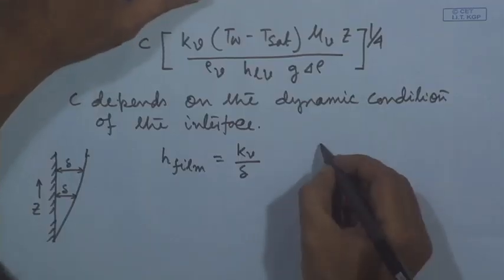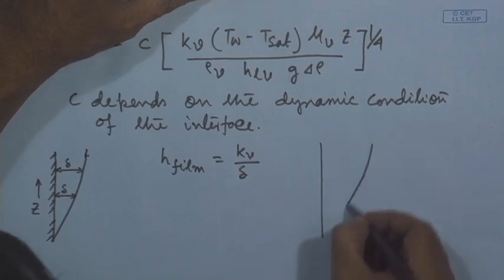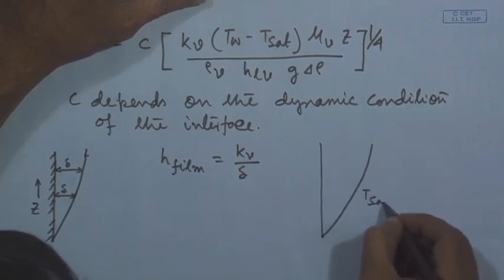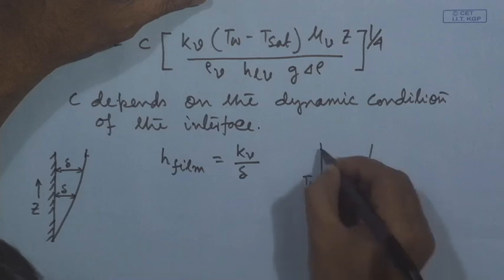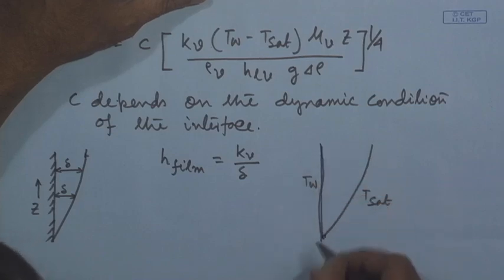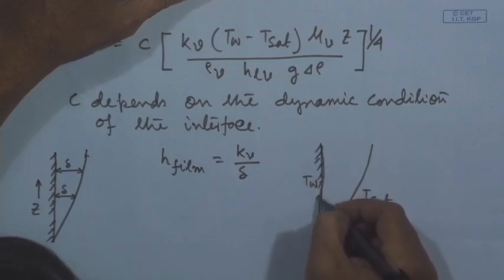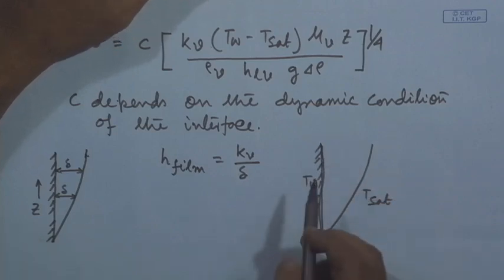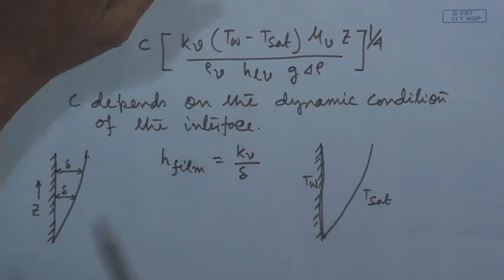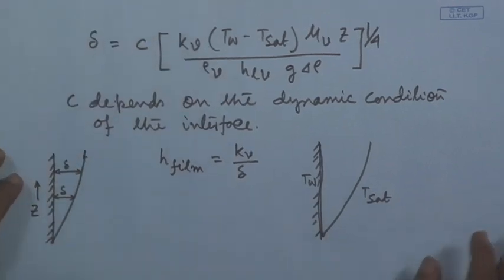Then another modification is that we know this is the saturation temperature and this is the wall temperature. So, there could be some superheating of the vapor, and this superheat can be taken care of by modifying the latent heat of vaporization. This is another modification.